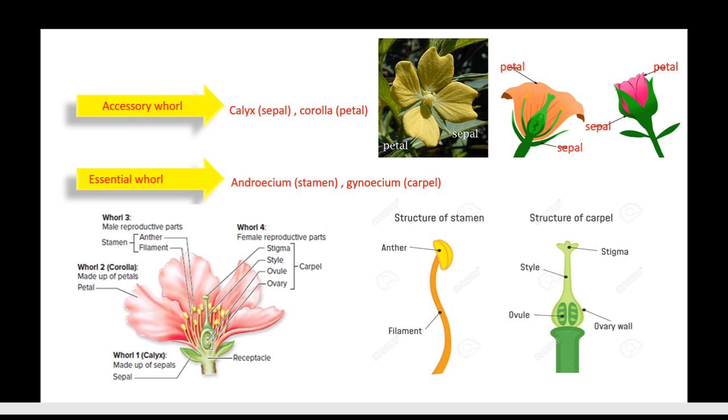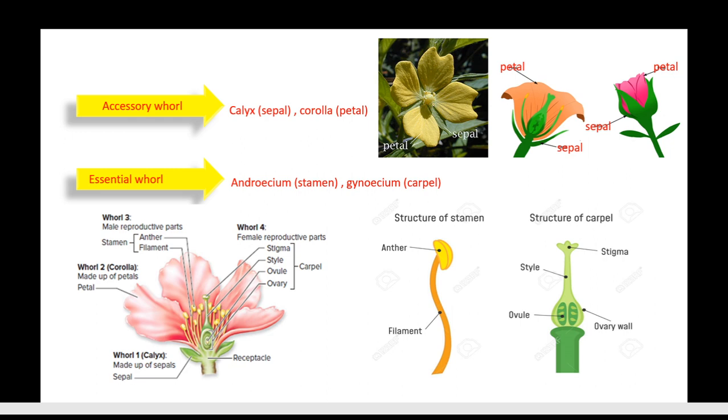Filament is the lower thread-like part of the stamen. It may be absent in some stamens, and anther is the upper swollen part of the stamen, usually having two lobes. Each lobe contains two microsporangia, and in microsporangia pollen grains are present.